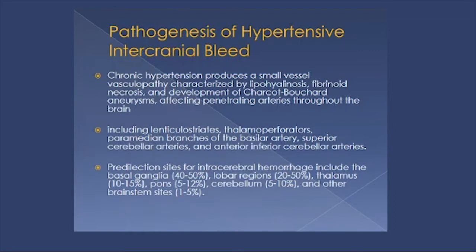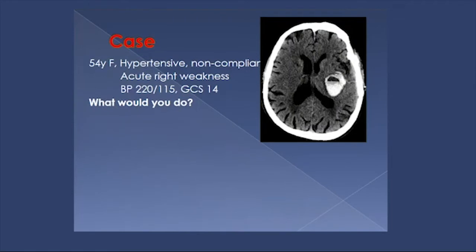All these vessels, when affected by the vasculopathy occasioned by hypertension, become at risk of bleeding in the presence of sustained elevated blood pressures. And so there'll be a predilection to the sites we have mentioned before, including the basal ganglia, the lobar regions, the thalamus, pons, cerebellum, and other brainstem sites.